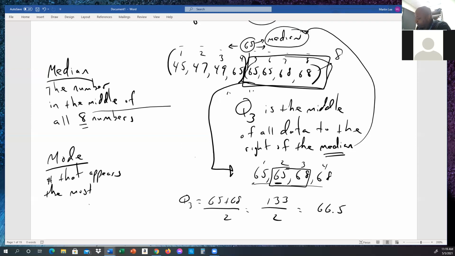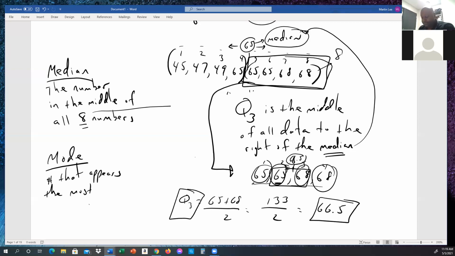So the middle of these 4 numbers is 66.5. And this makes sense because to the left of this number I have 2 numbers, and to the right of this number I have 2 numbers. So Q3 equals 66.5.